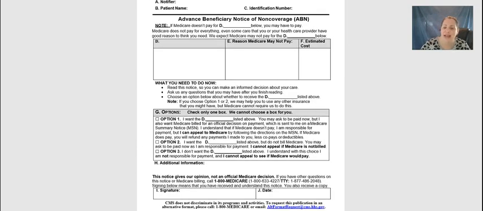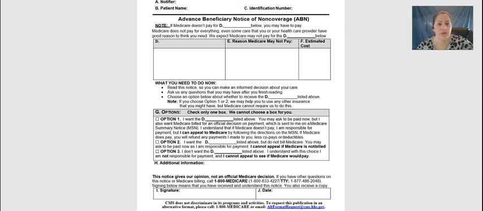Our patient has to be informed that it's not covered. You can't just have a patient assume Medicare is going to pay for it, and then when they're checking out to leave, you say, that'll be $200 today, and they go, what? That's not okay. Medicare says, no, you will not surprise these patients. You will fill out this ABN.